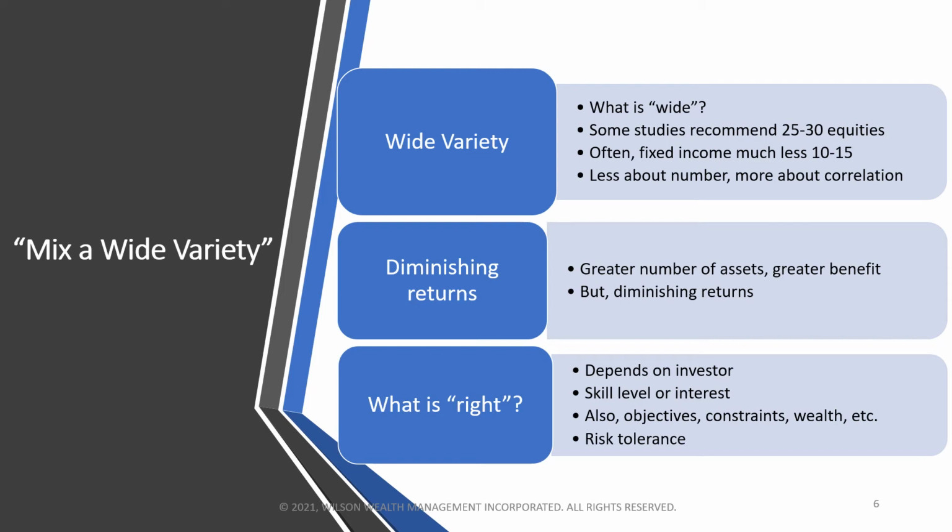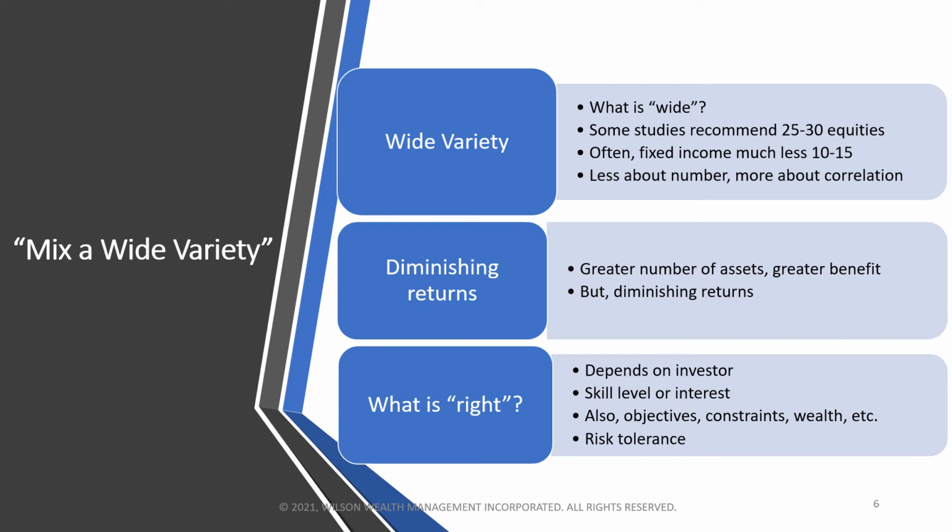So your risk reduction, whilst it will improve for each asset you add, because they're not 100% correlated, you're not getting that same bang for the buck as if you're adding a gold fund with Exxon. So it's less about the number of equities or bonds, more about their correlation between each other.